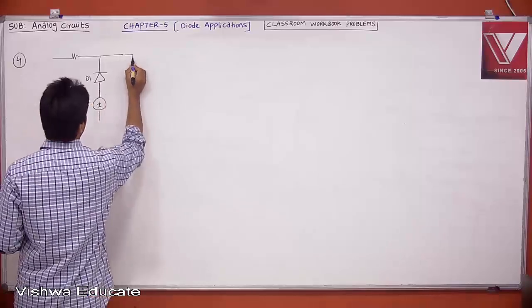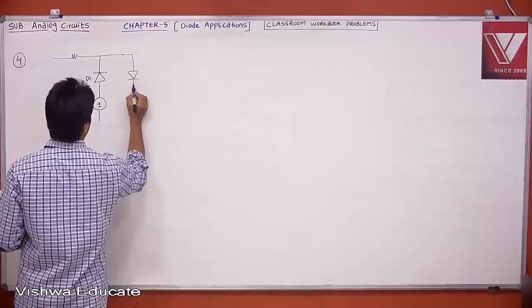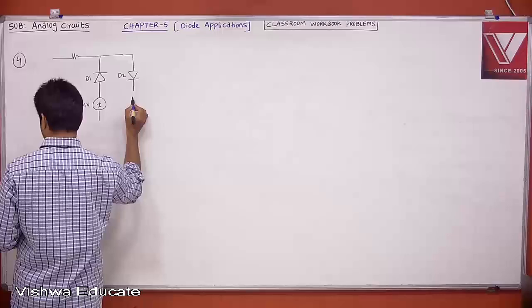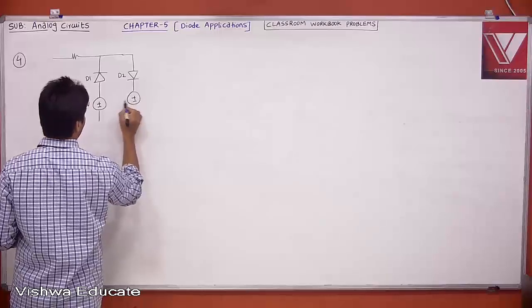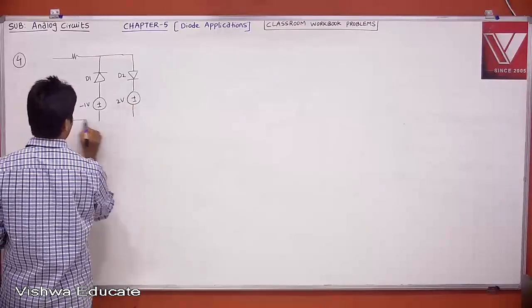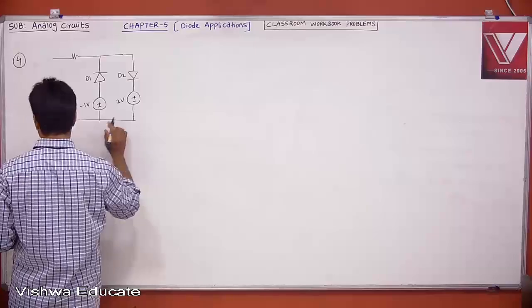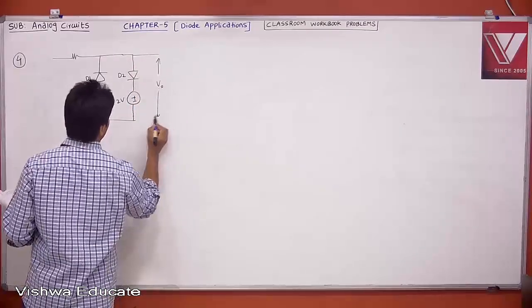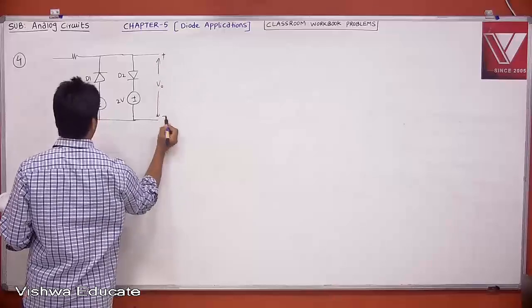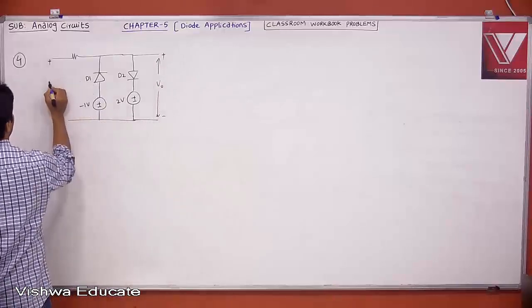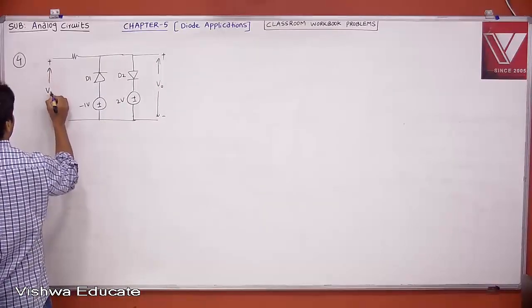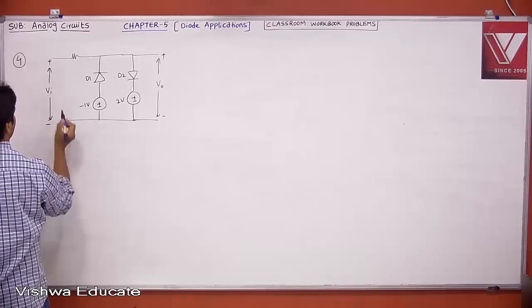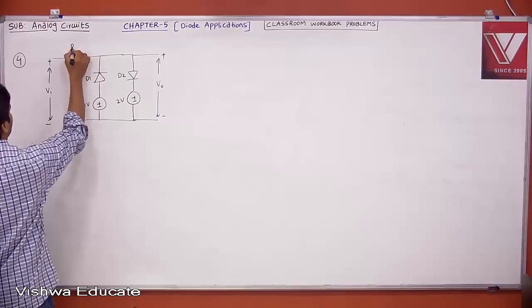Now D2, with plus minus 2 volt, and this is your V0, and this is your Vi. This is some R.